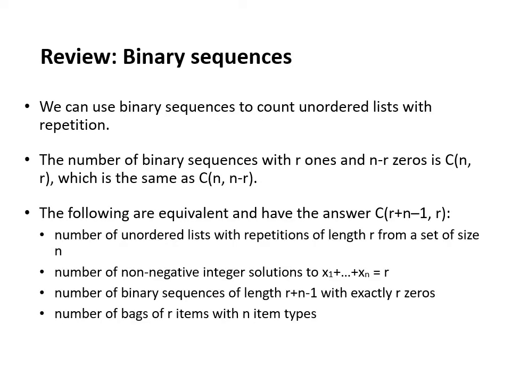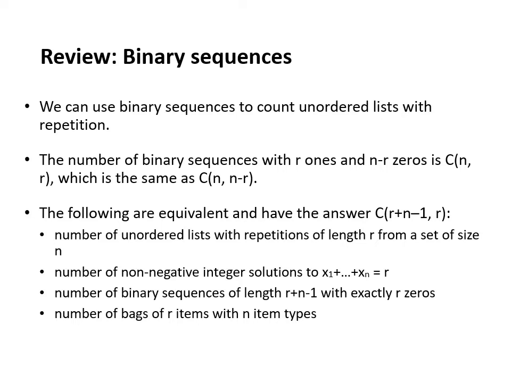And finally, in part 1 of this lecture 16, we showed how to use binary sequences to count unordered lists with repetition. So the number of binary sequences with r ones and n minus r zeros is n choose r, which is the same as n choose n minus r.